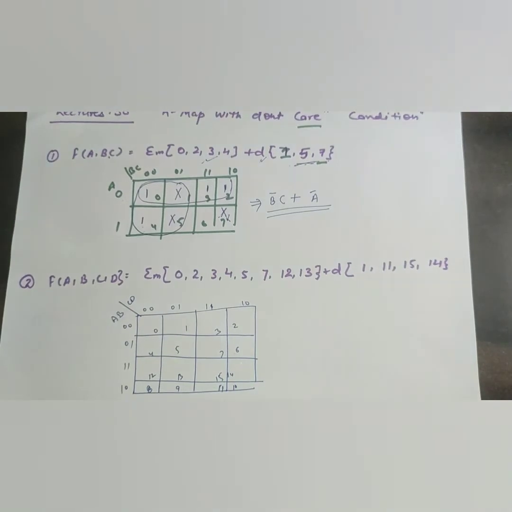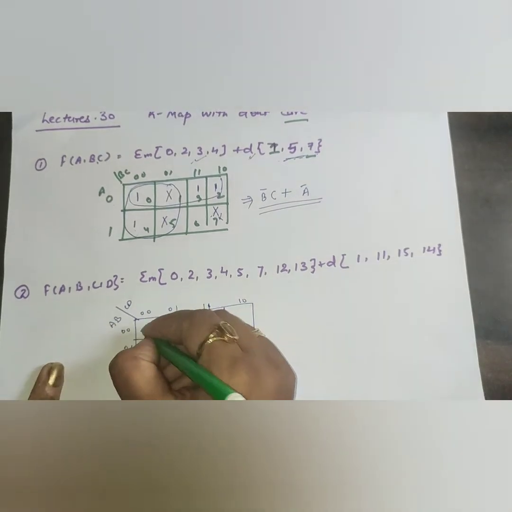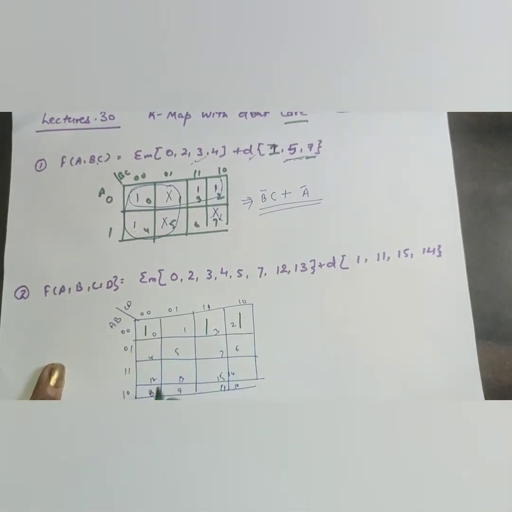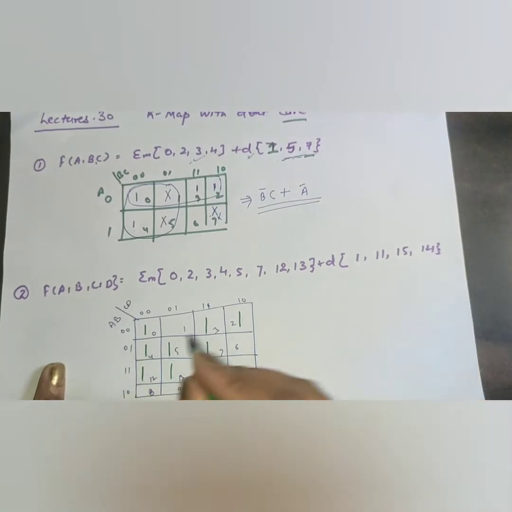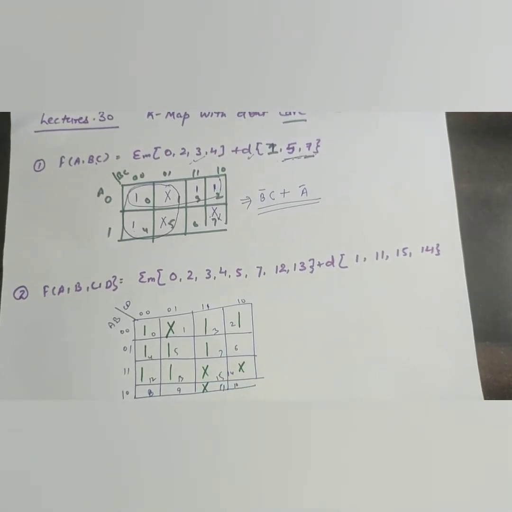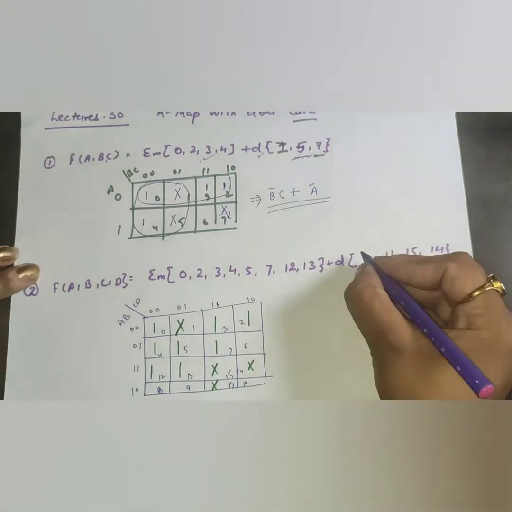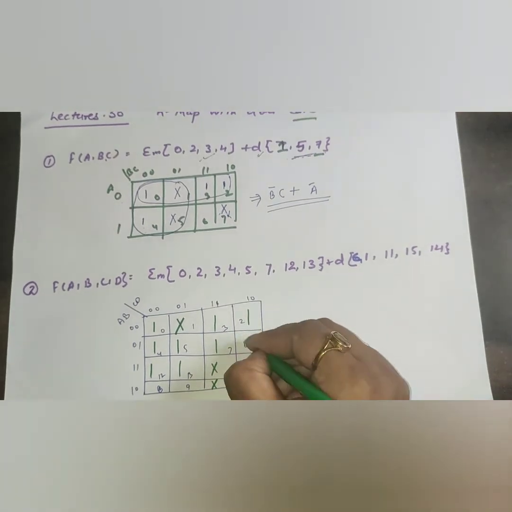Now we should write all the numbers like 1, 2, 3, 4, 5, 7, 12 and 13. And we have some don't care conditions over there, that is 10, 11, 15 and 14. So friends, let's suppose we have one more don't care condition here, that is 6.